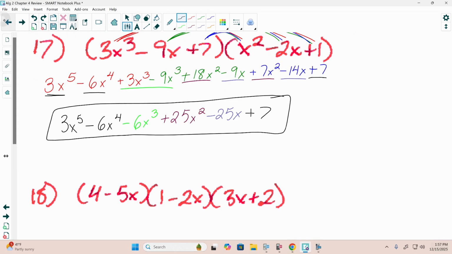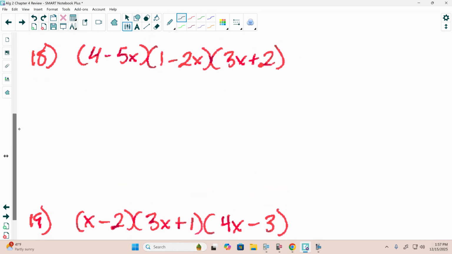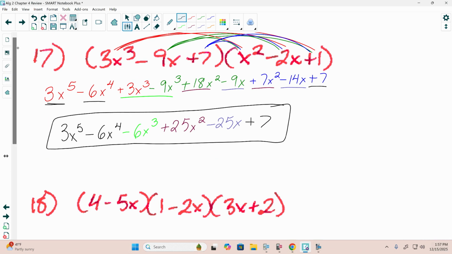Wait, how would the negative 9x plus the negative 14x work? So the negative 9x minus 14x? Negative 23, yes. Oh, wait. I got that wrong.